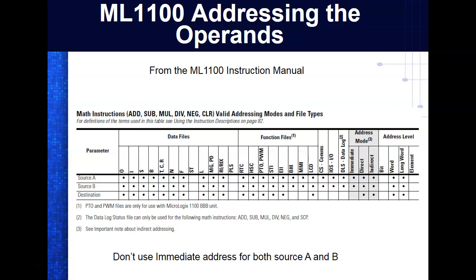We talked about immediate addressing last class: the actual operand is specified in the instruction. So if I say add 10 and I put 10 up there, that's immediate addressing. The operand is part of the instruction.